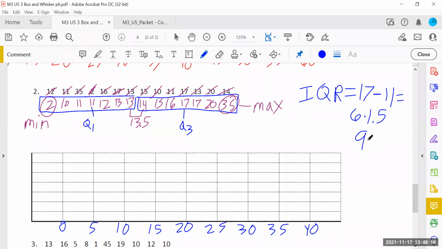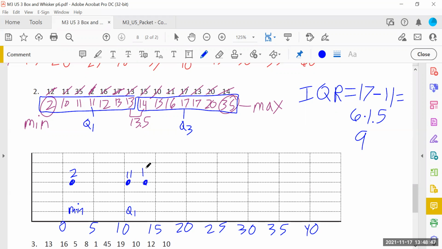So let's go ahead and graph the points that I've got right now. I have 2 right here, and that's my minimum. I have 11, and that's my Q1. I have 13.5.